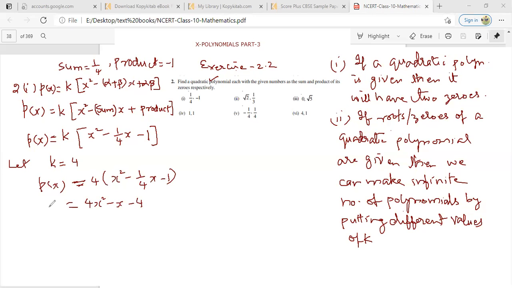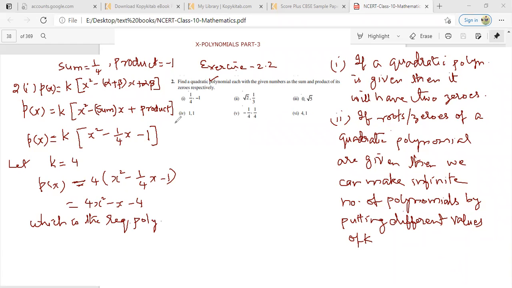This is the required polynomial. If it is not coming in fraction, then we will put k is equal to 1.